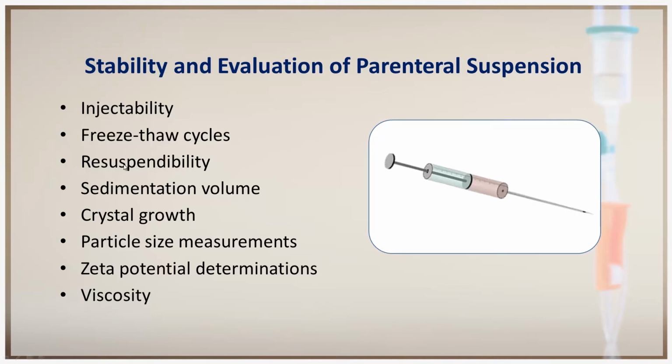Resuspendability describes the ability of suspension to uniformly disperse with minimum shaking after it has stood for some time. So, qualitatively, light transmittance through the upper solution in a cylinder after it has spun for 2 minutes at 75 rpm can be used to detect the dispersion properties of suspension.